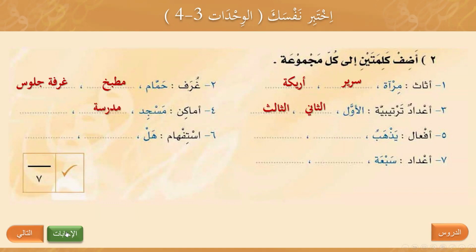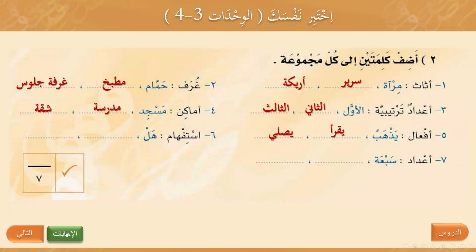So masjid, madrasa, and shaqqatun, which is basically apartment. Af'al, the verbs, are really important. So yadhabu and yusalli and yaknusu, and there are so many verbs that we have learned. You can put any of them over here. Yadhabu, yaqra'u, and similarly yusalli.